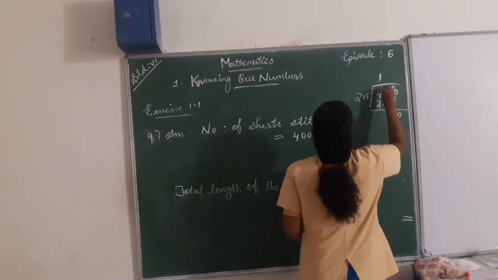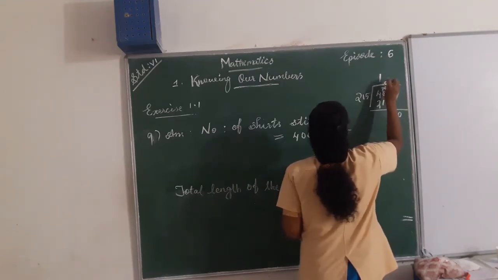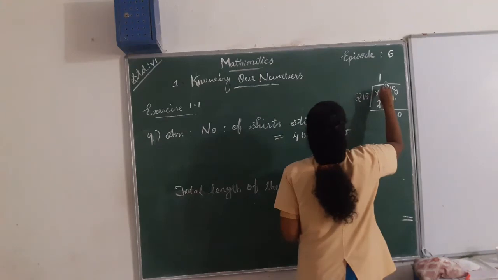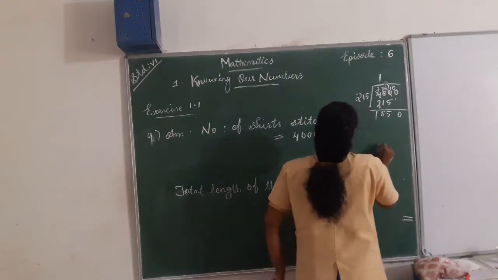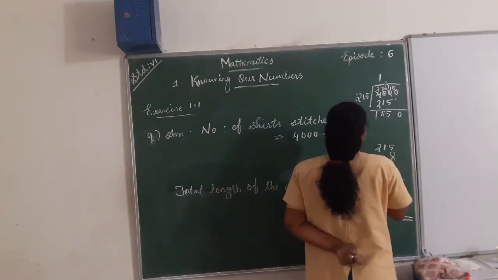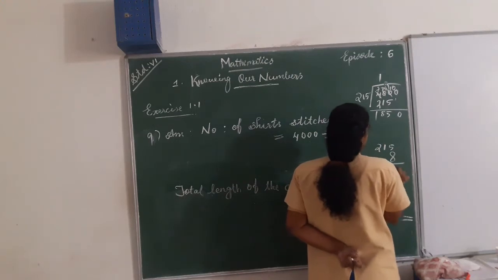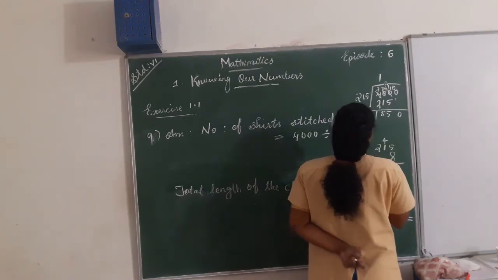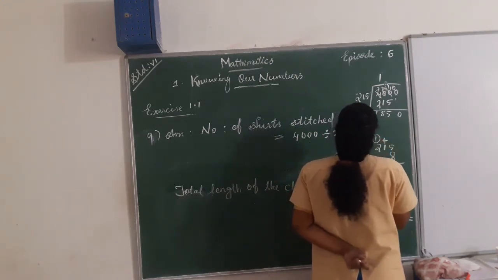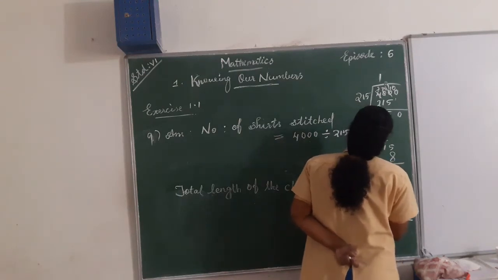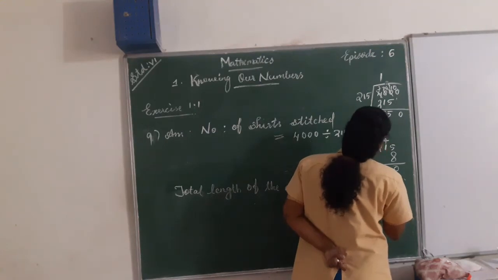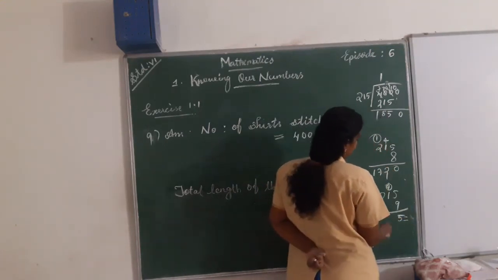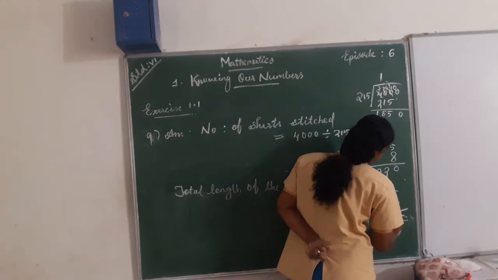0. Here we borrow. Then it is also 9. Then 3 and 10 minus 5. 9 minus 1, 8. 1. And 215 into 8 we get 1720. And 215 into 9 we get 1935. 9 plus 4. 13.